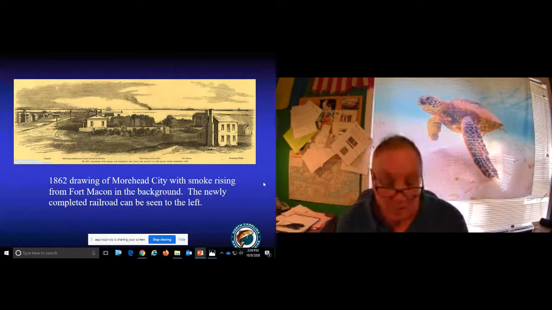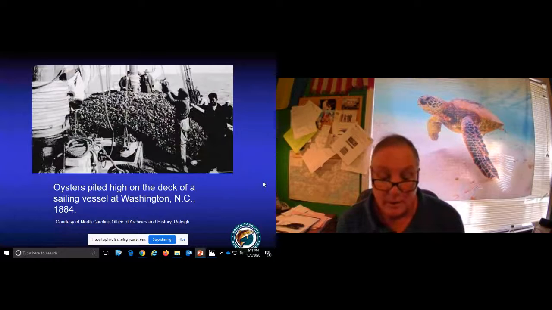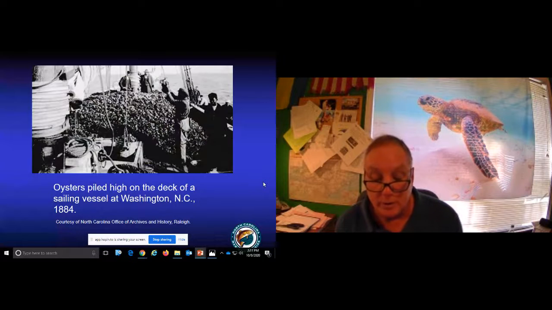This is an example of what they call lighter vessels. This boat is deck loaded with oysters. It's arrived at the wharf in Washington, North Carolina, Little Washington. This is around 1884. And likely what they have done is gone to different villages or loading points.